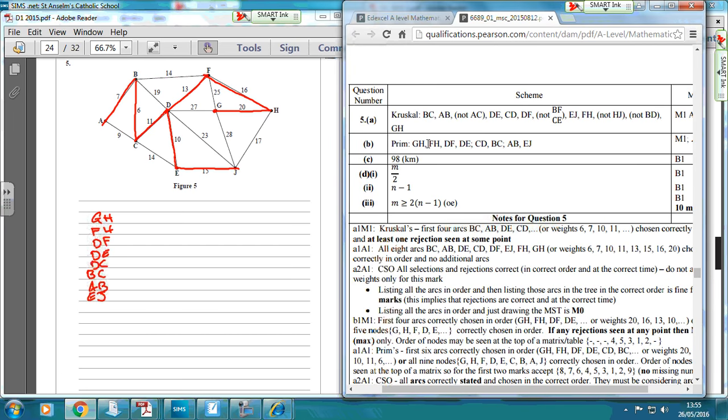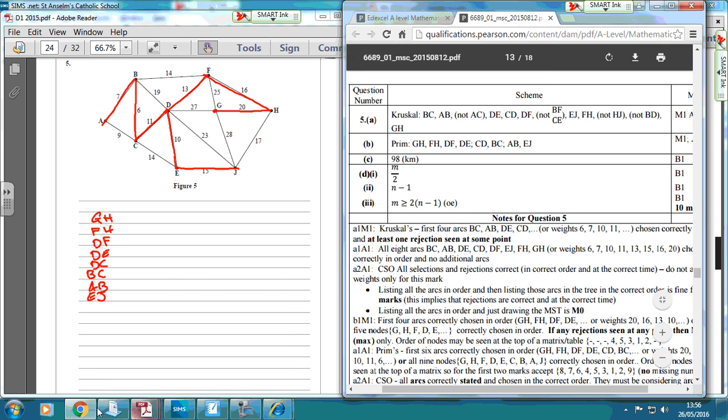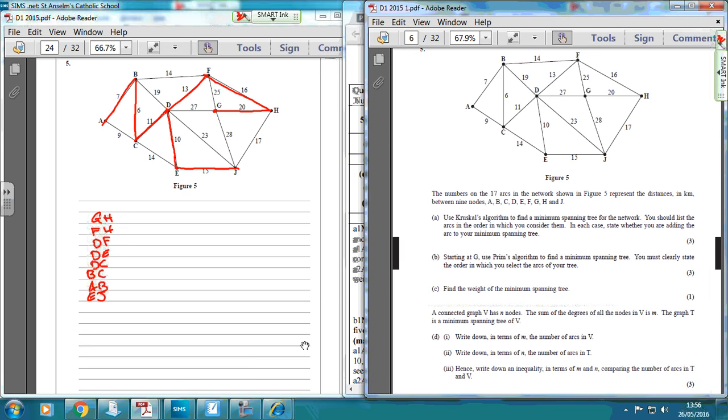If you have a look, it's GF, FH, DF, DE, CD or DC, BC, AB and EJ. And the next question they ask is to find the weight of the minimum spanning tree. So we're going to add up all our numbers here.